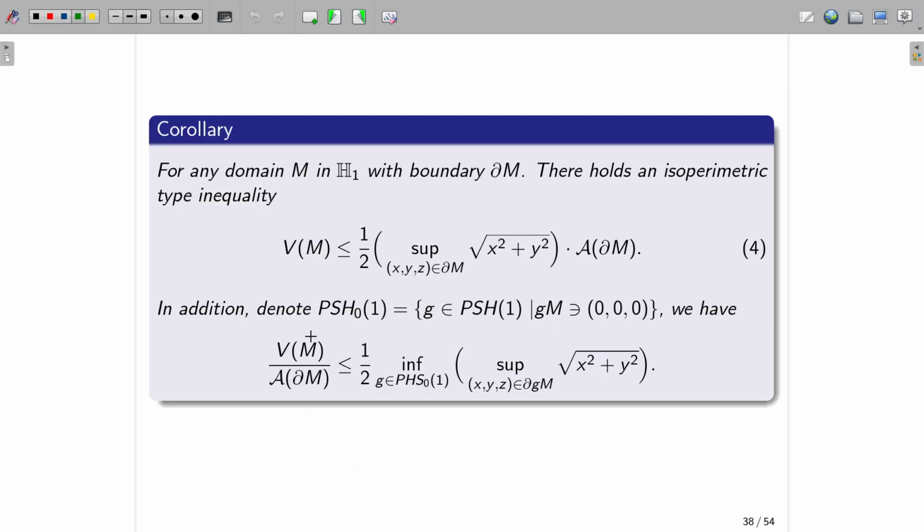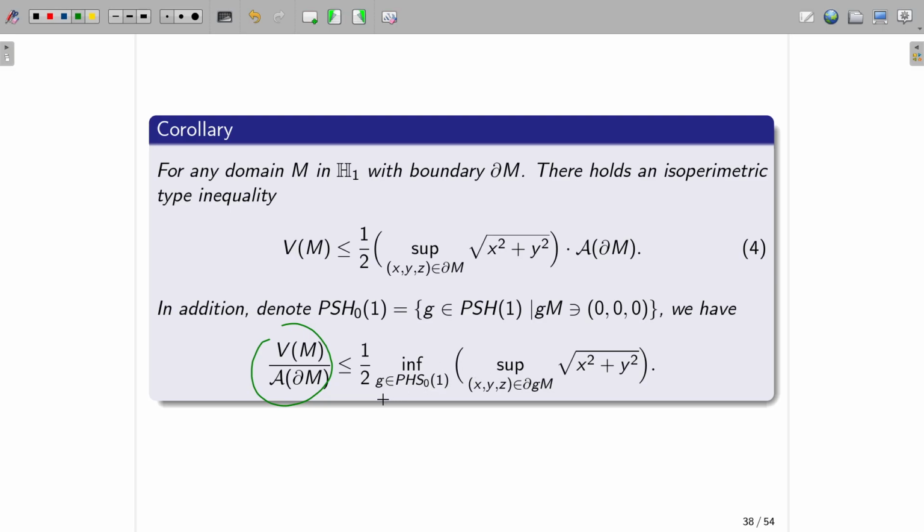Okay, and here is a corollary. For any domain M with boundary, there holds an isoperimetric type inequality. It means that the ratio of the volume is dominated by the inf and the sup.